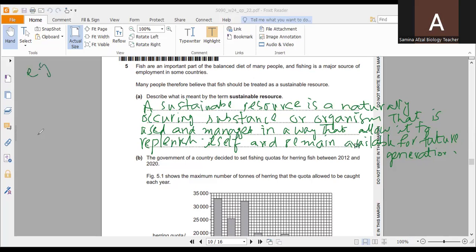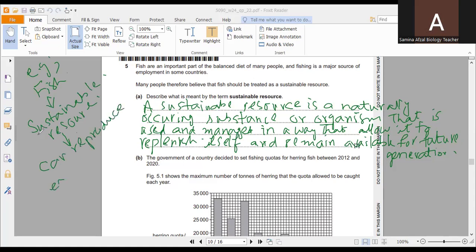Fish can be given as an example of a sustainable resource, or any other product whose population can reproduce easily for the future and is not decreasing in an ecosystem.